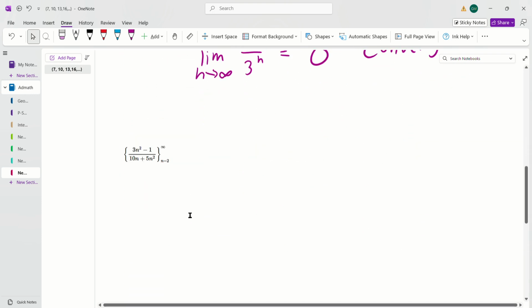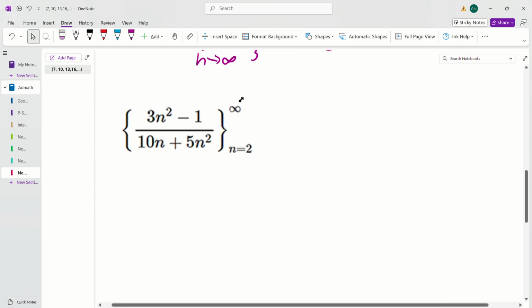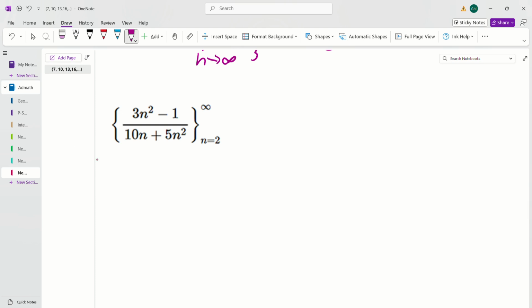Next, I'll show you another way of getting the limit. Given that we have this example, let's evaluate its limit. We can evaluate its limit by simplifying it or by doing algebraic manipulation.